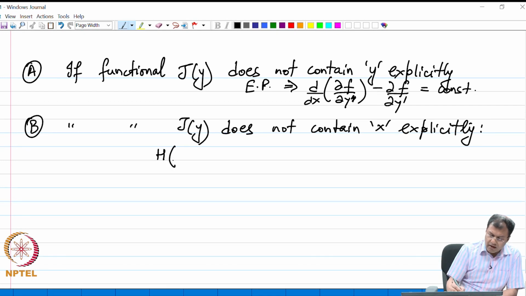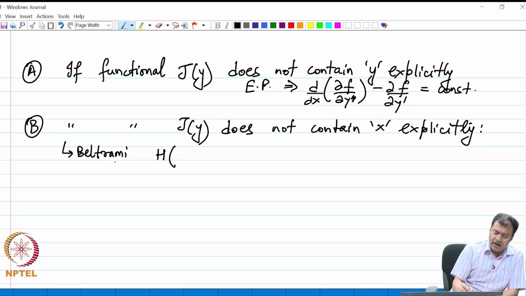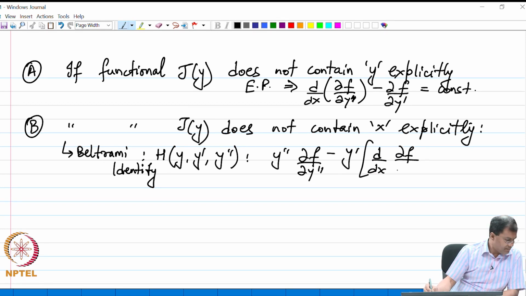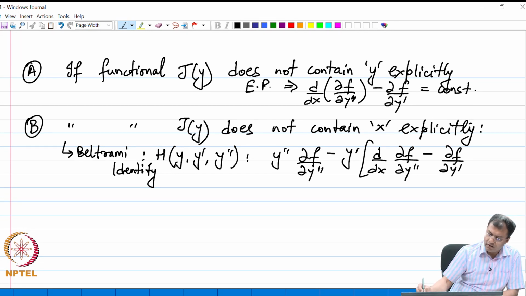So in this case, we have the generalized Beltrami identity to be satisfied, which is basically this following function h of y, y prime, y double prime, which is equal to y double prime del f del y double prime minus y prime times d dx of del f del y double prime minus del f del y prime, minus f, right.